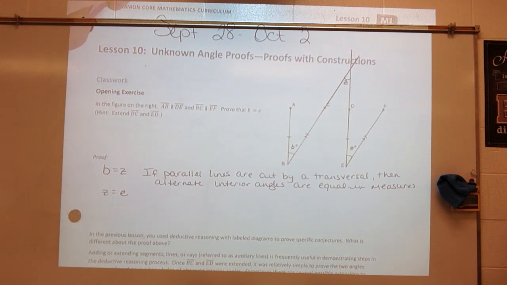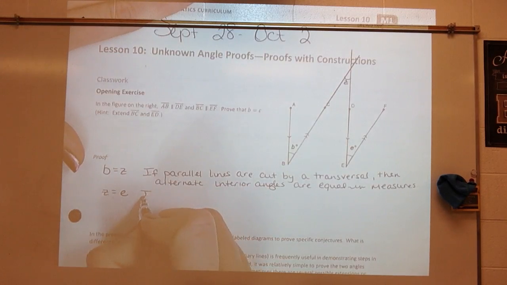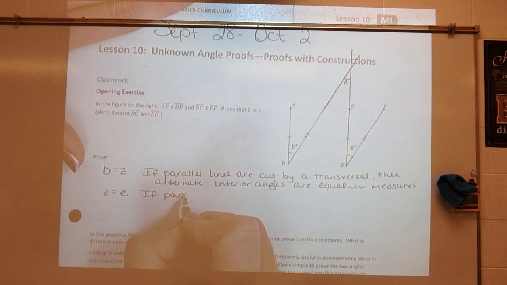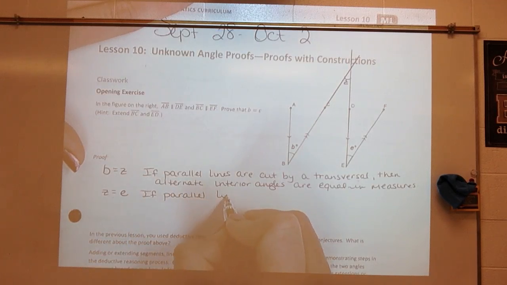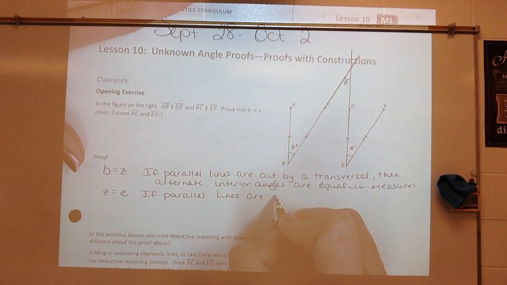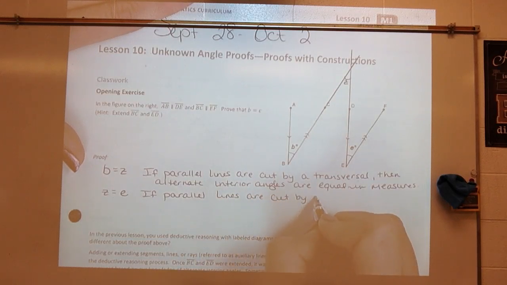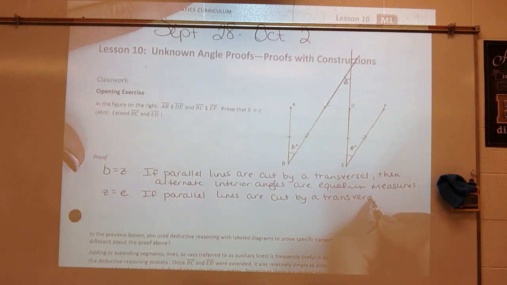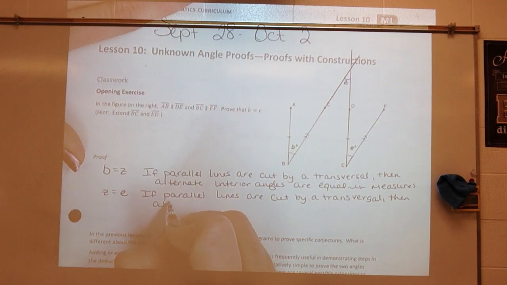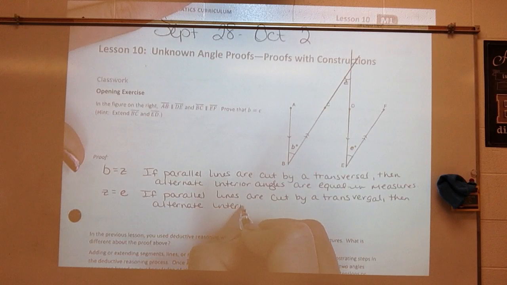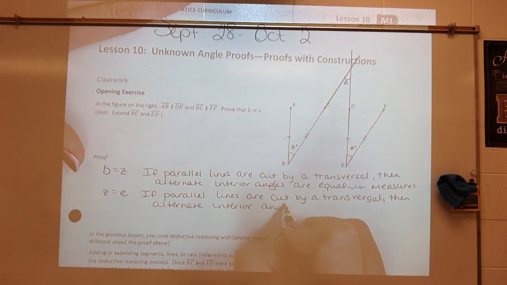If parallel lines are cut by a transversal, then alternate interior angles are equal in measure.